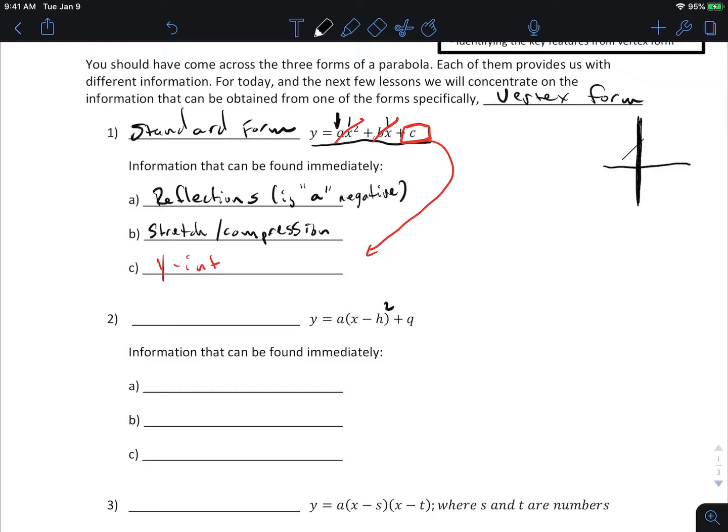We spent some time working with this now, though. These allow us to read off the transformations for a parabola. But this has a specific name. Do you know what this one's called? It'd be vertex form.